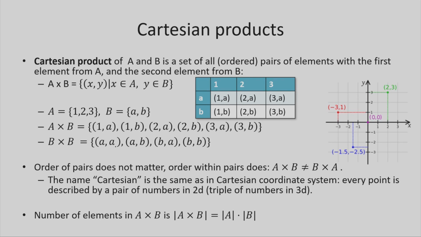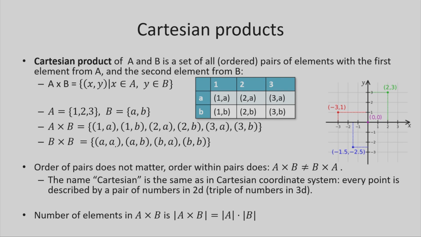Every point in the Cartesian coordinate system is a pair of two elements, a pair of numbers, and the order here matters. So, for example, if you have numbers from 0 to 3, you could get the point (0, 1), you could get the point (1, 0), and they would be different points. You could get the point (0, 0), which is a separate point, different from the number 0.